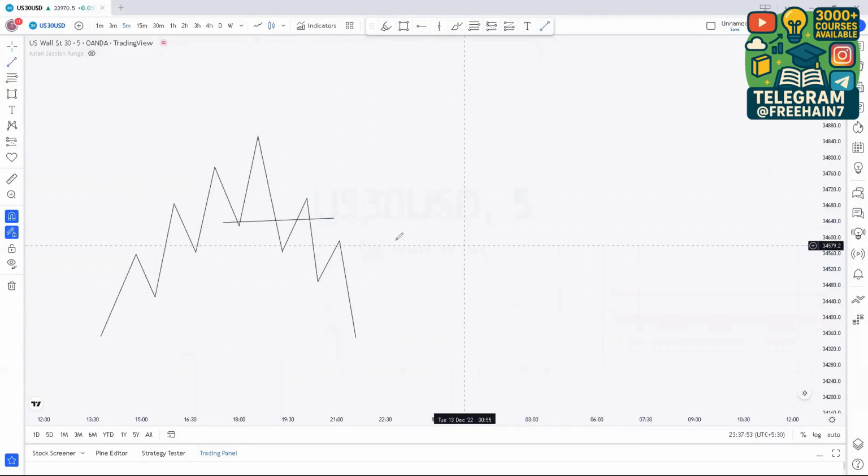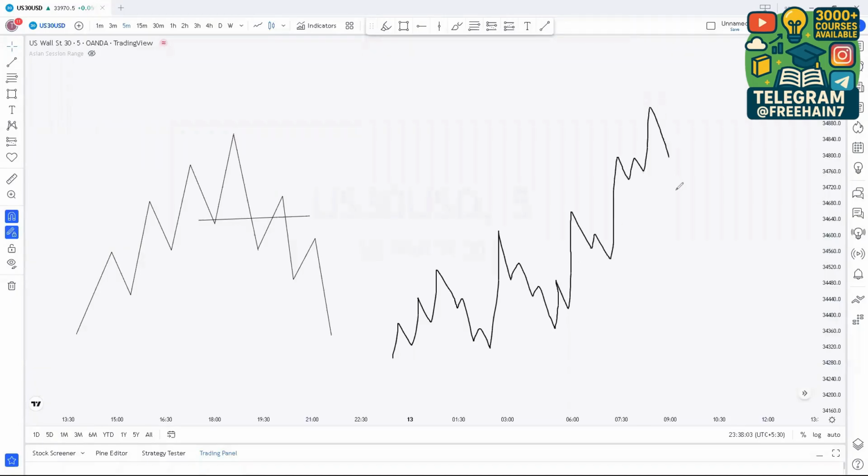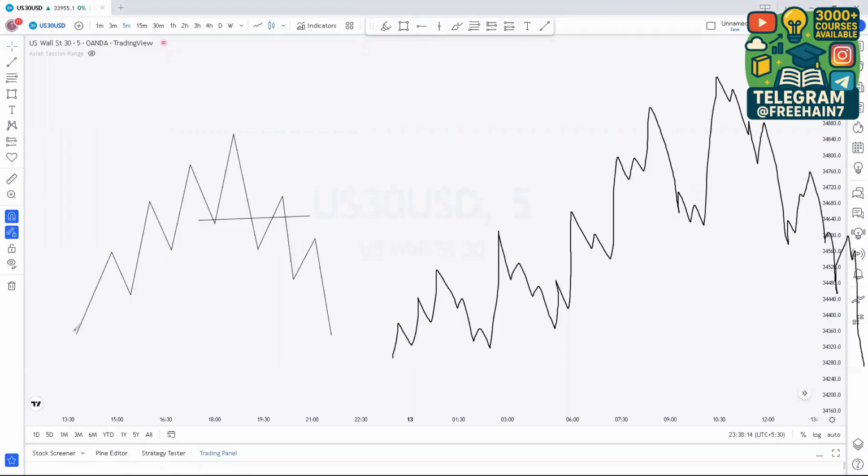But this on the live chart will look like this. And this will be the main structure. So this obviously will be the main structure, which is just this. 1, 2, 3, 4, 5, 6, 7.